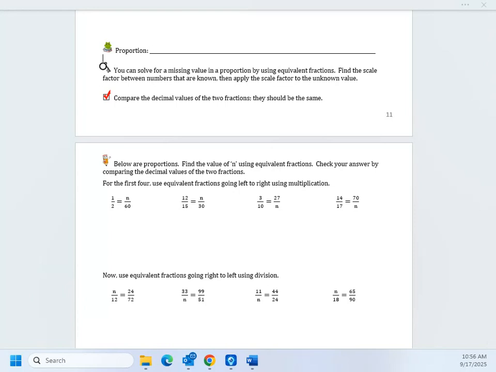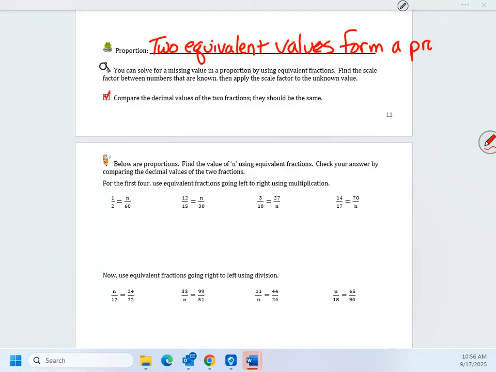Proportion. What is a proportion? A proportion is two equivalent values that form a proportion.